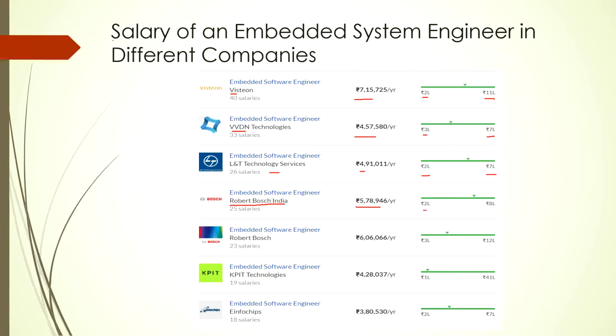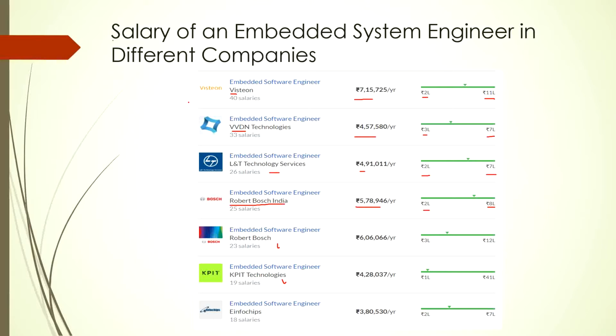They start from 2 lakh and end at 8 lakh. Like this, there are Robert Bosch, KPIT, then Eon 4 chips and all, right? So these are all the companies. There are many companies, and many startups are also there. They are also paying very heavily for an embedded system engineer.